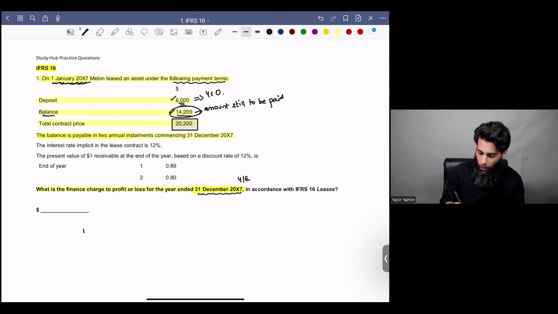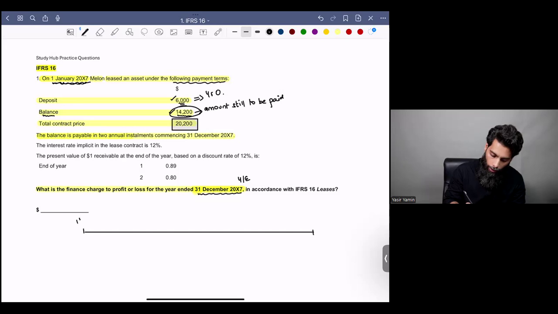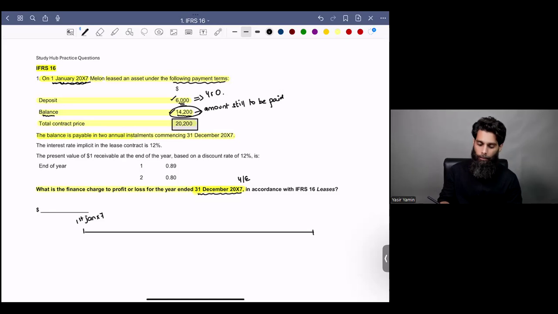So if I were to draw a timeline, it would look like that: on 1st January X7, I commenced a lease. And against this lease, in total, I have to pay 14,200 within the span of 2 years. So the first payment will be made on 31st December X7, and the other payment would be made on 31st December X8.